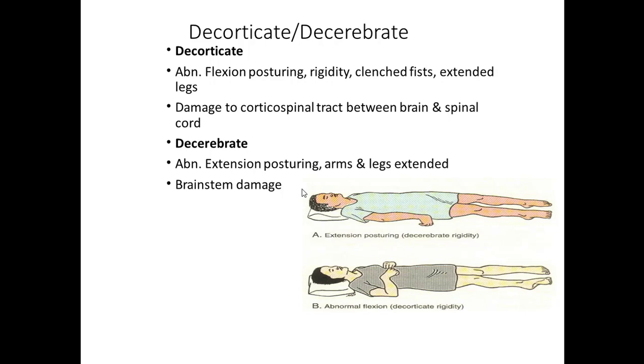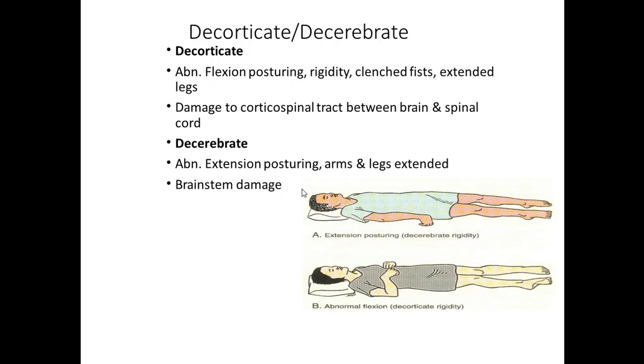So it's called decorticate. If you think of it curling towards the core, this is damage between the brain and the spinal cord. So you can see picture B here is the person curling inward. Clenched fists, their legs are going to be extended, but their feet are going to turn in. They're going to be rigid.